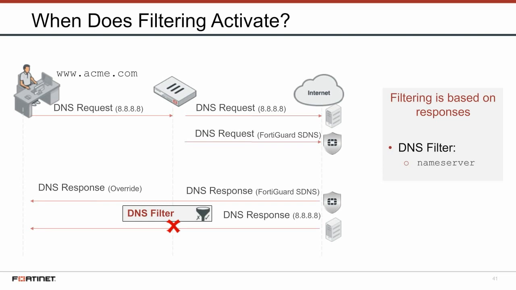When FortiGate receives the DNS request from the client, it sends a simultaneous request to the FortiGuard SDNS servers. With FortiGuard SDNS service, there are two possible results. 1. Category is allowed. The original DNS response is passed, and the remainder of the connection flow continues normally through to the HTTP 200 response.